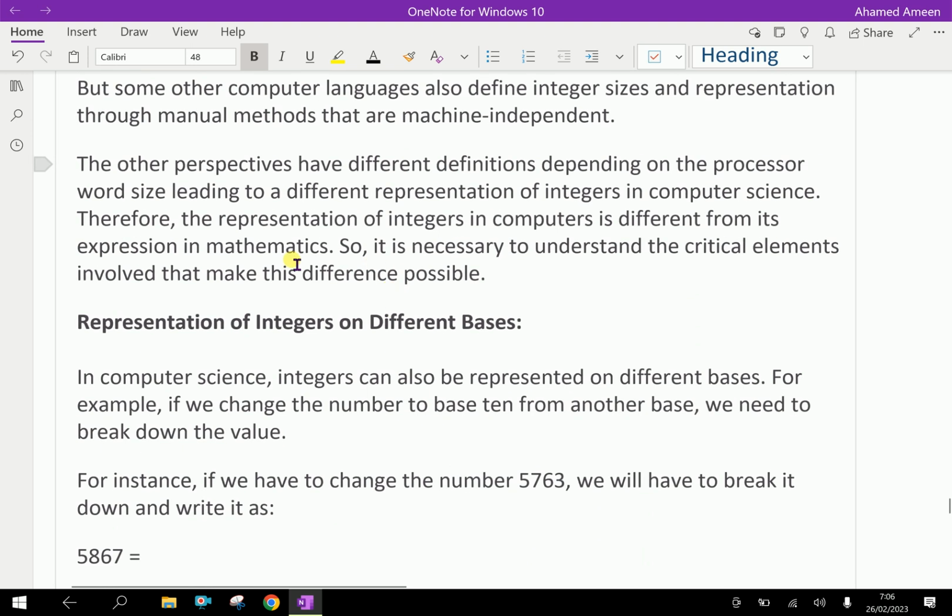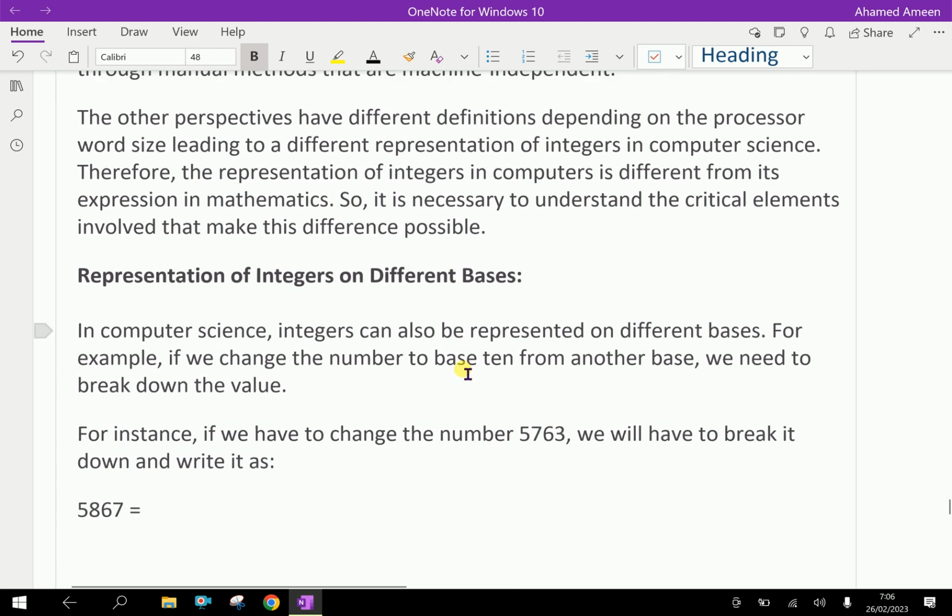Other perspectives have different definitions, depending on the processor word size, leading to a different representation of integers in computer science. Therefore, the representation of integers in a computer is different from its expression in mathematics. So it is necessary to understand the critical elements that make this difference possible.